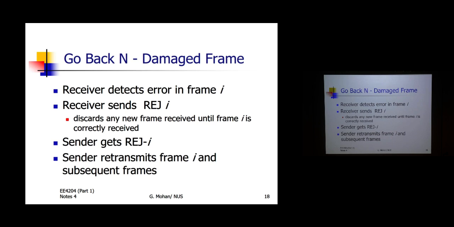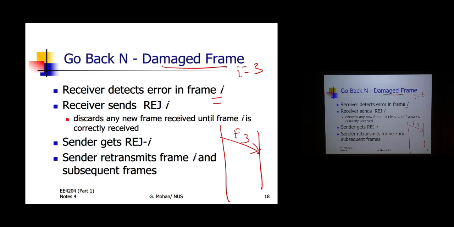Now look at this case. The best way to learn the concept is to look at some example scenarios. The receiver receives frame I. Let's assume that I is equal to 3. Let's say it received frame number 3, and assume that the frame is damaged.